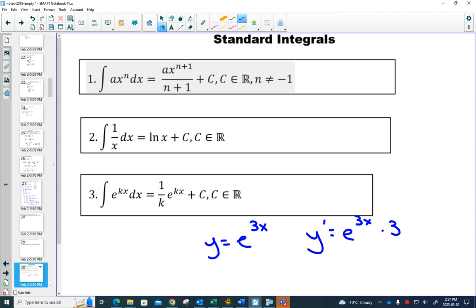So if you were working backwards, if you had that the derivative was e to the 3x, and you wanted to find the original, you would have to divide by 3, because when you do the derivative, you would multiply by 3.